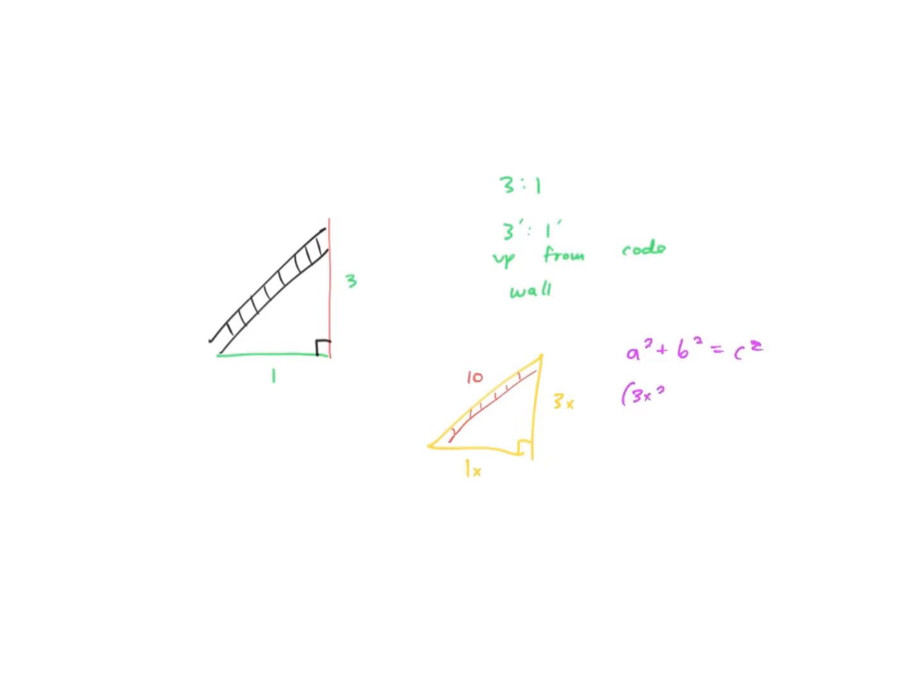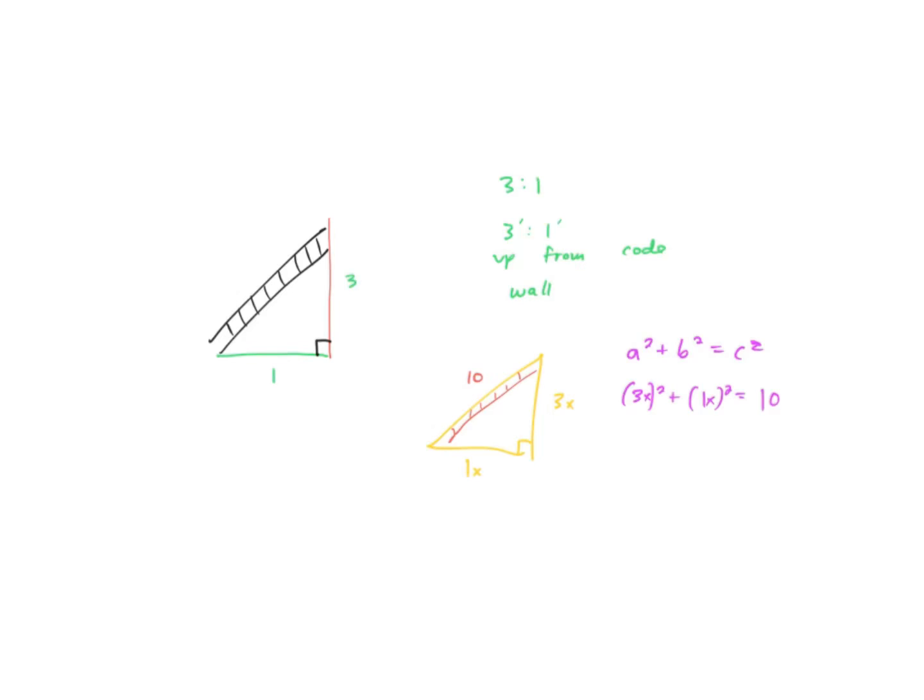(3x) squared. Oh, mistake there. Should be a parentheses here. Plus (1x) squared is equal to 10 squared. And then you're going to distribute the exponent.